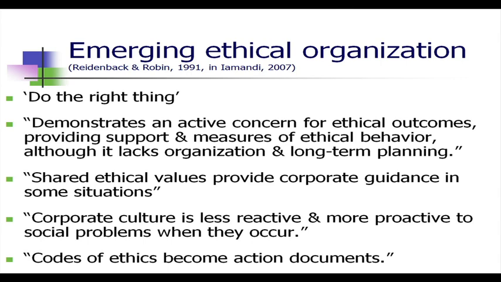Codes of ethics become action documents. So the organization really believes in doing the right thing. They are proactive with their ethical efforts, and the need for being acknowledged by external agencies is slowly waning away. It is there, but it's not the only thing. They are doing it because they feel good about it.